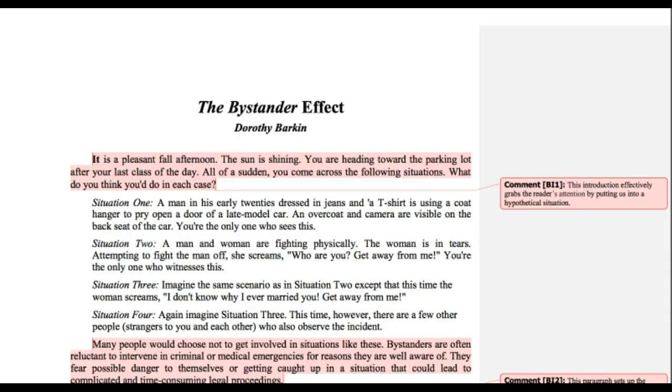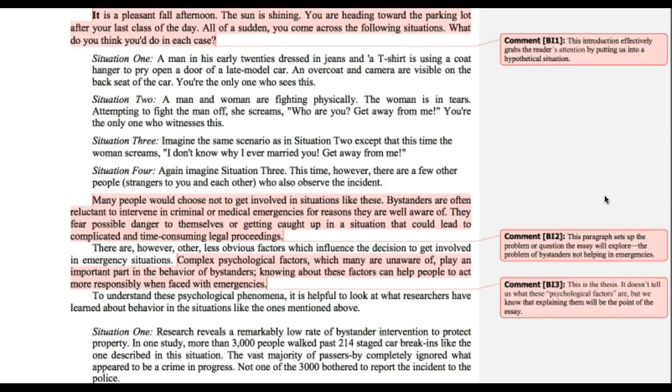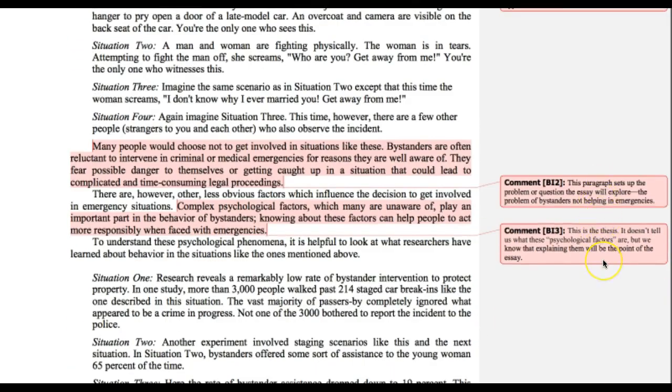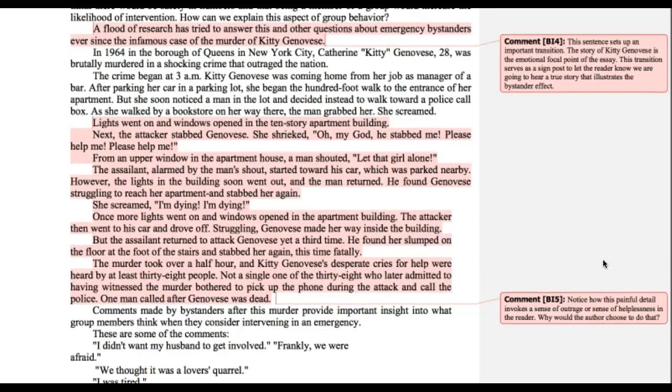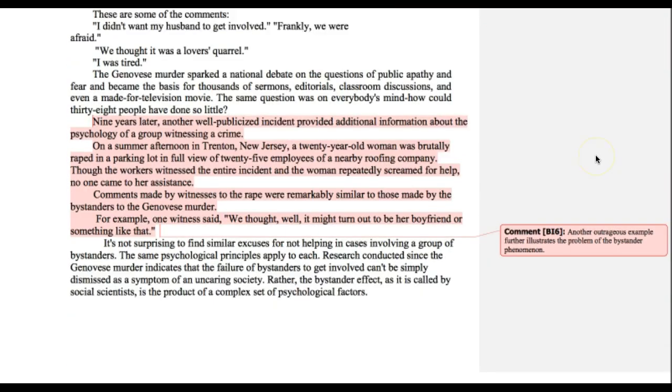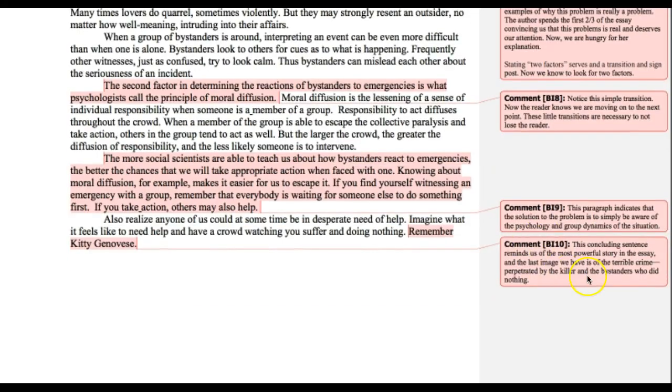Also, you'll be reading The Bystander Effect by Dorothy Barkin, and it shows you how there's an introduction, what the paragraphs do, how the thesis is there, examples, and then finally even how the conclusion is done.